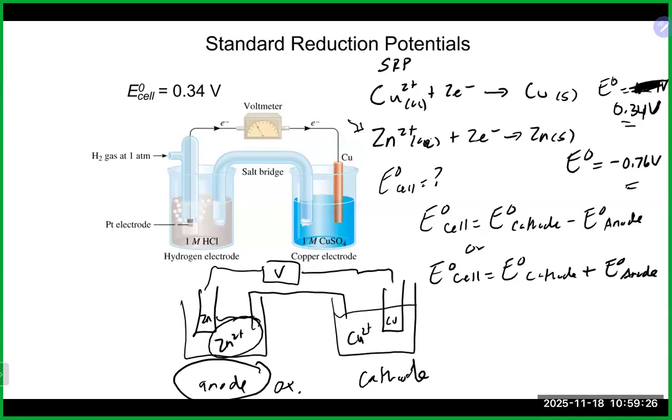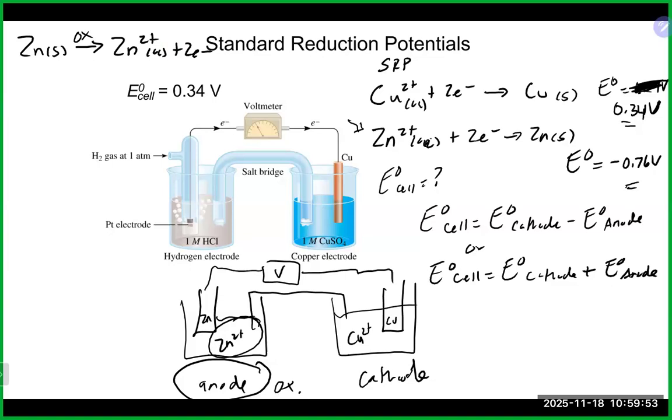So one of the things I just said is if you take one of these half reactions, you can reverse it. And if I reverse that zinc reaction, I will actually have the oxidation reaction occurring, where zinc is going to give away a couple of electrons. And if I do that, this is no longer the reduction reaction. This is the oxidation reaction.